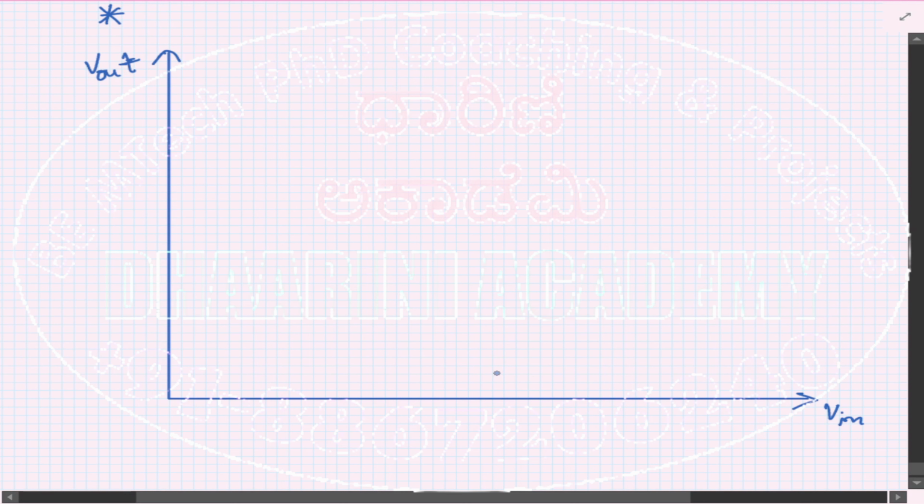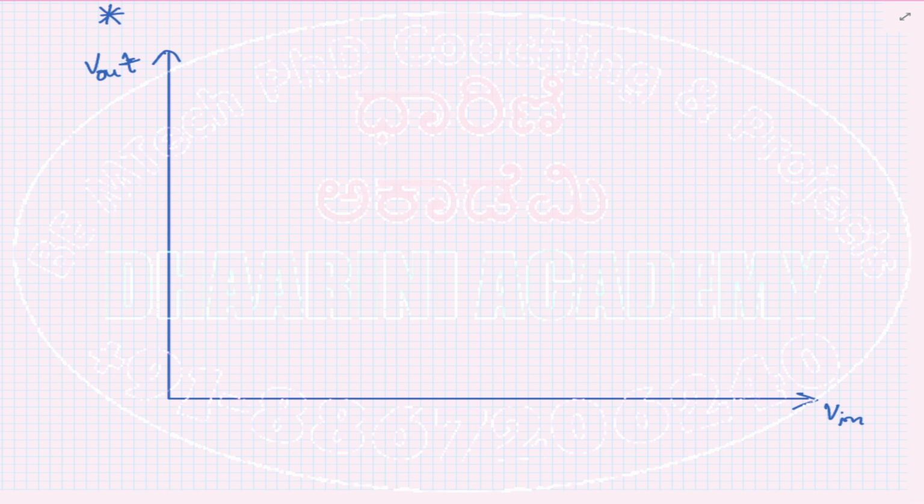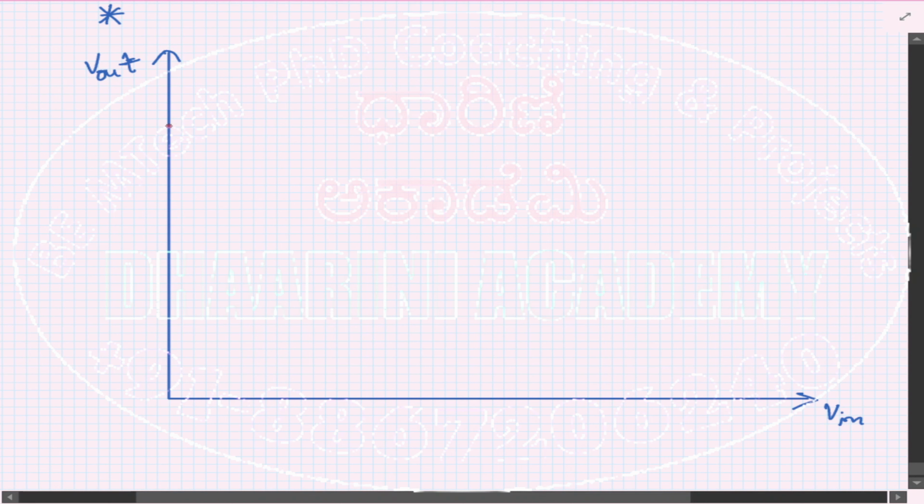Now we have the curve starting from, say, this is 0 volts. If I say this is VDD, the same thing, input can be VDD and output can also be VDD, so I have to write VDD on this axis as well. Somewhere in the middle, I'll mark VDD by 2 on the x-axis.